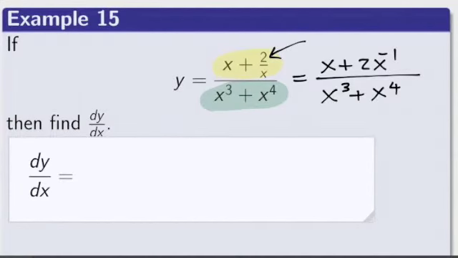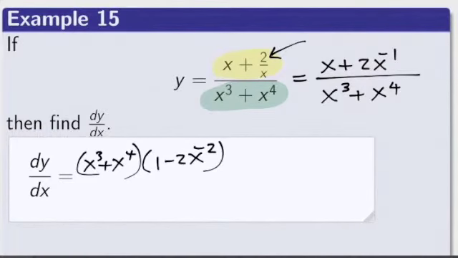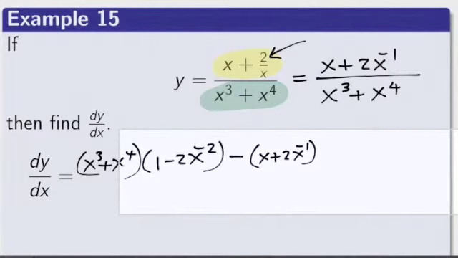So we will take the denominator and multiply that with the derivative of the numerator. The derivative of x is 1, the derivative of 2x raised to the power minus 1 is minus 2x raised to the power minus 2, minus the numerator times the derivative of the denominator.